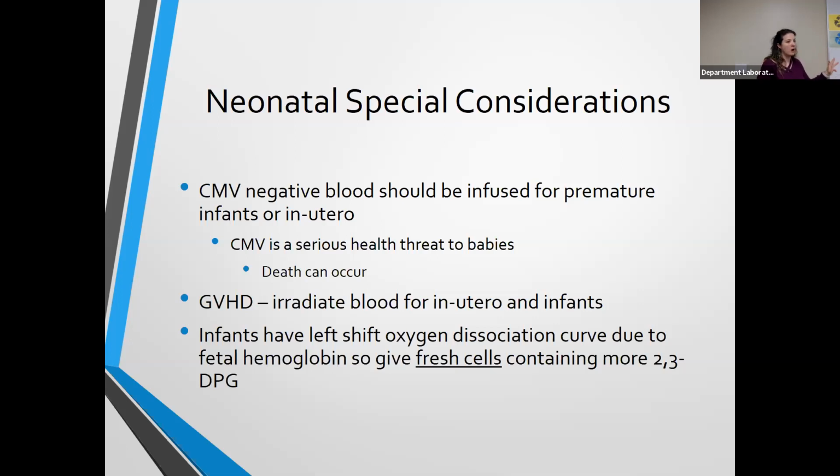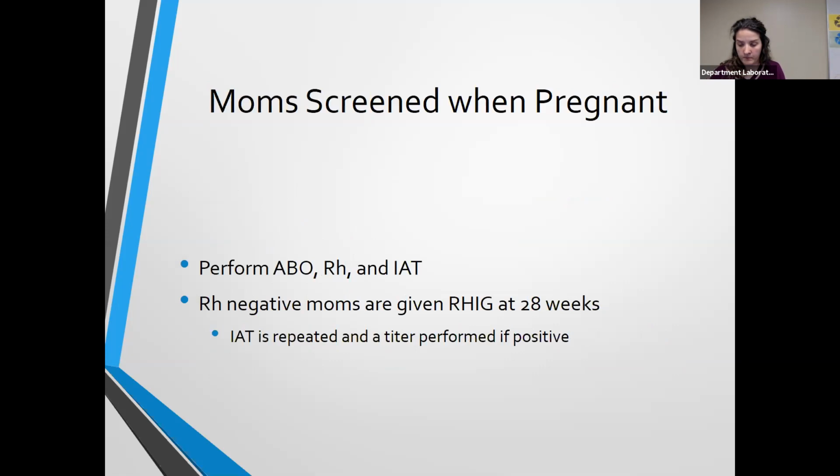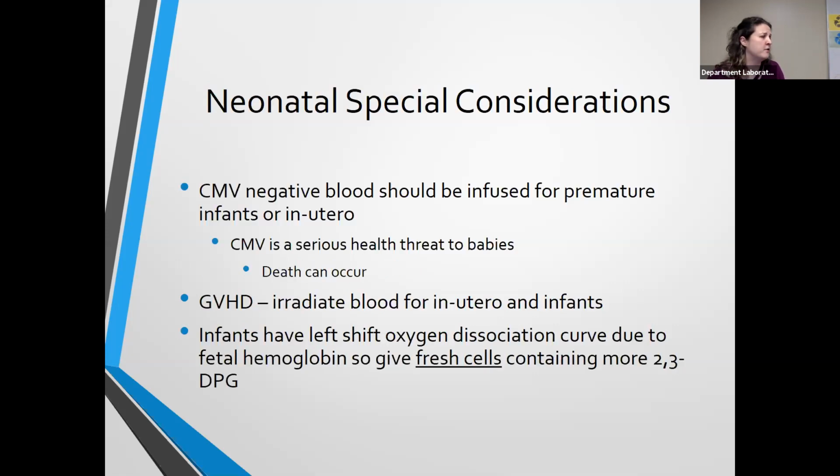Again, because these are considered immunocompromised, all right? And we already mentioned the fresh cells. There's actually another requirement too for neonatal, and it is sickle negative.